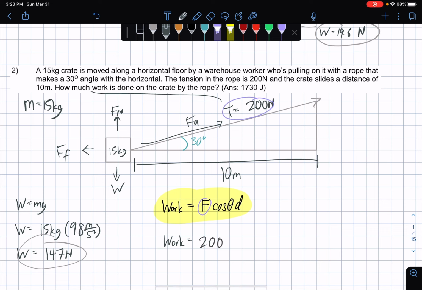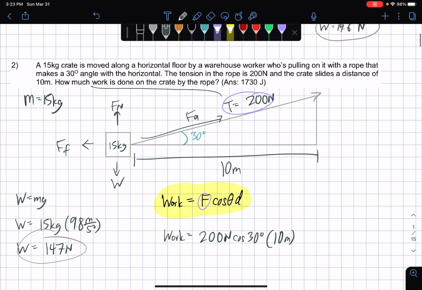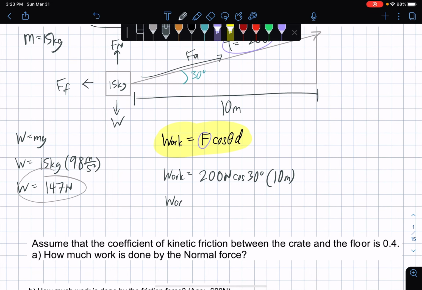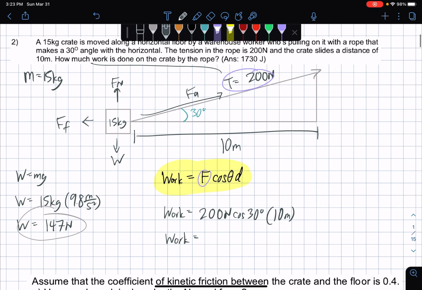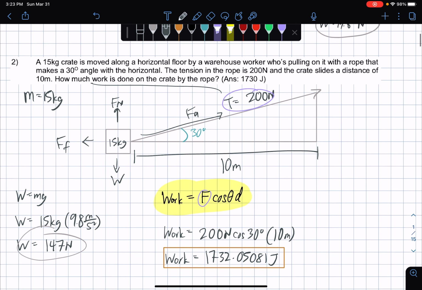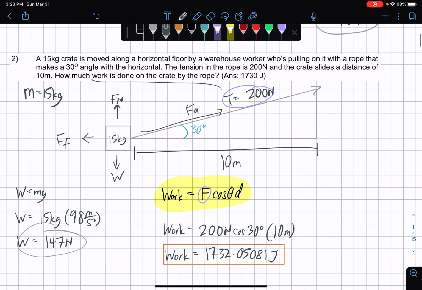So we have 200 N, and then cosine 30 degrees, and the distance is 10 meters. So what is the work? Based on the calculator, it's said to be 1732.05081 joules. Okay, that's it for this one.